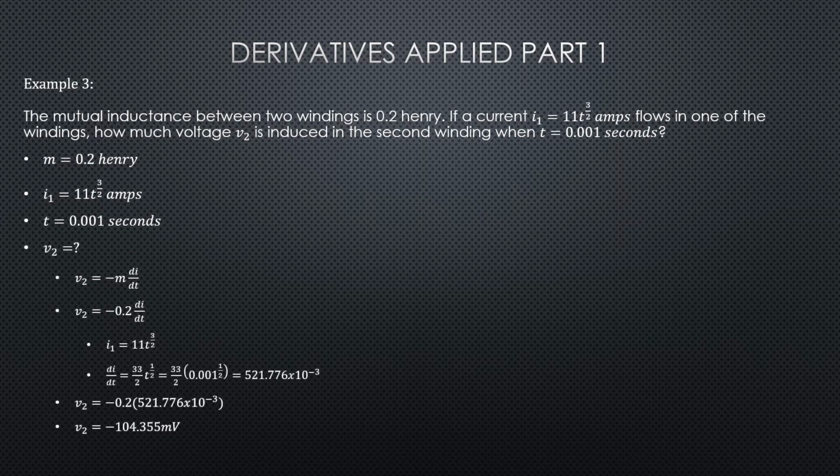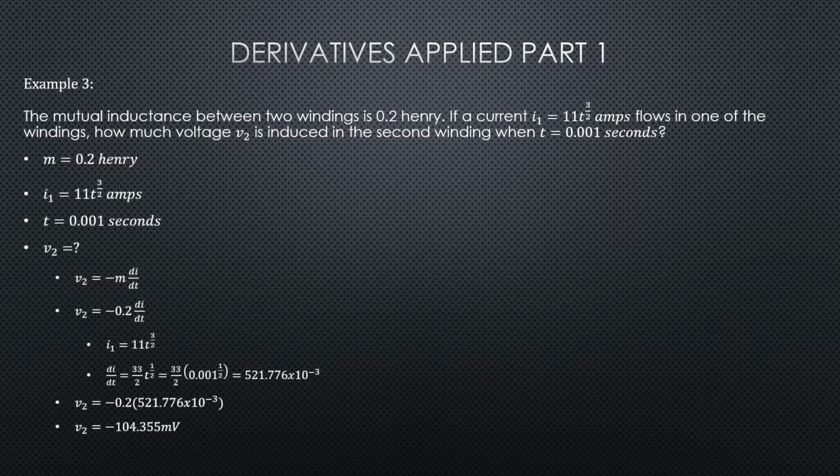Okay, example number 3, the mutual inductance between two windings is 0.2 henries. If a current I is equal to 11 t raised to the 3/2 amps flows in one of the windings, how much voltage V2 is induced in the second winding when t is equal to 0.001 seconds?